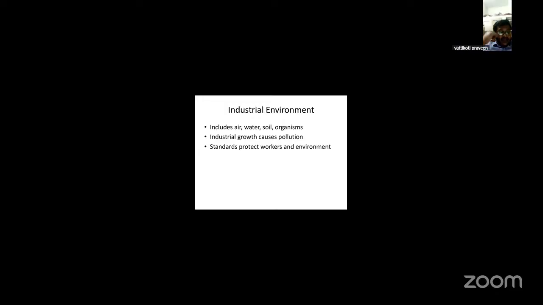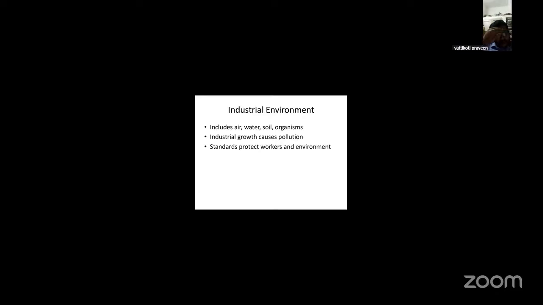Industrial environment. The industrial environment refers to the surroundings around industrial activity, including the natural and living components affected by industrial operation. What are the key factors of this industrial environment? Air, water, soil, and other organisms.